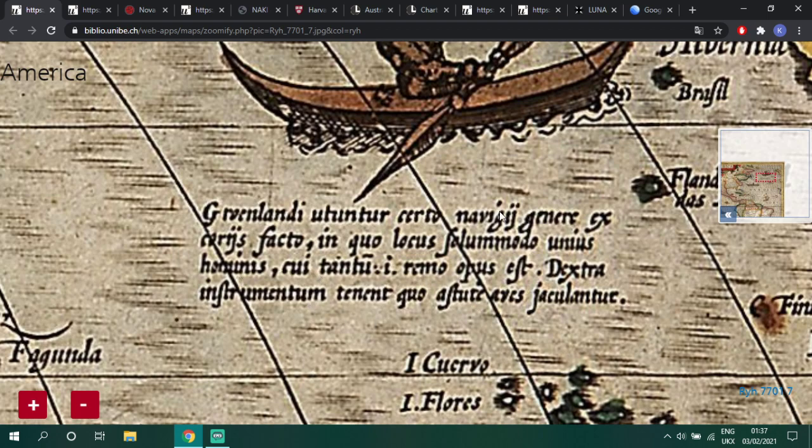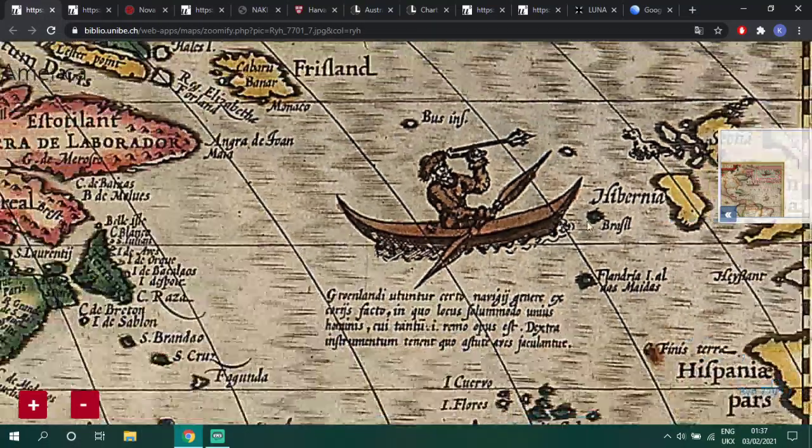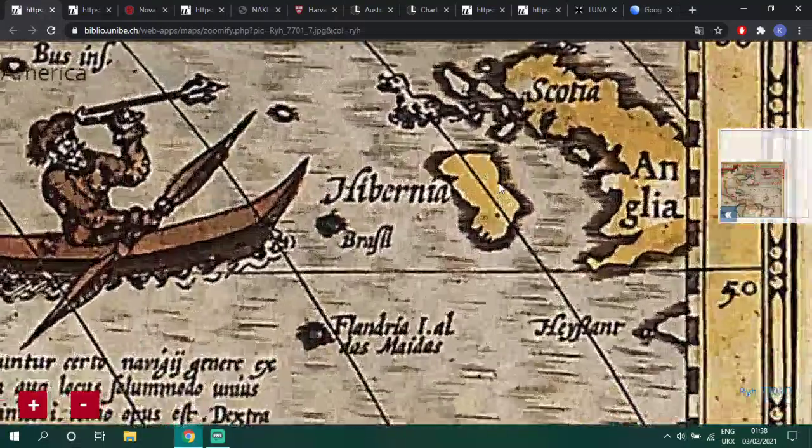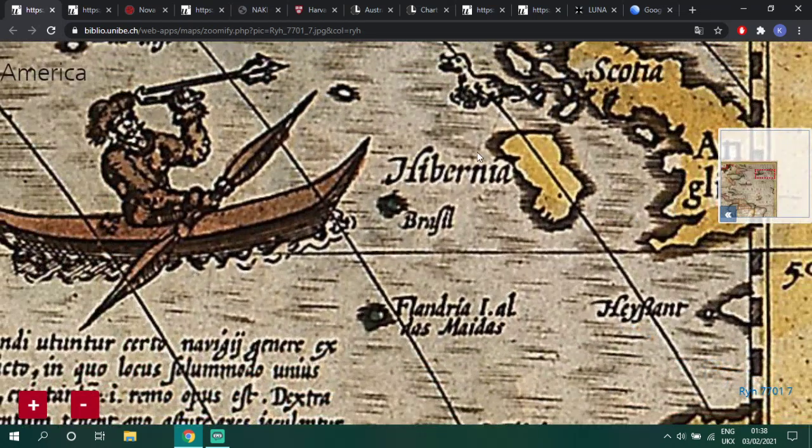And I can't really get the rest. But yeah, also you see on the old maps that Ireland used to be called Hibernia, and there is another mysterious island off the coast of Hibernia called High Brazil. There it is, Brazil. It's written right there.